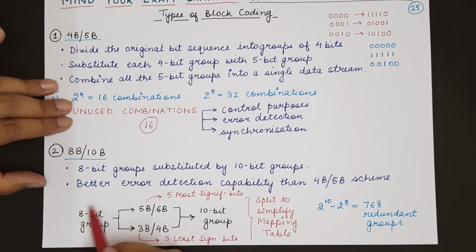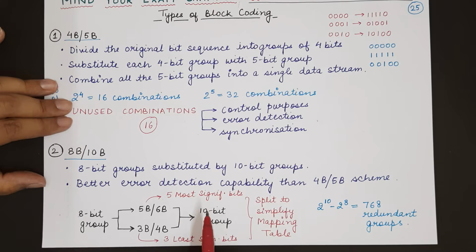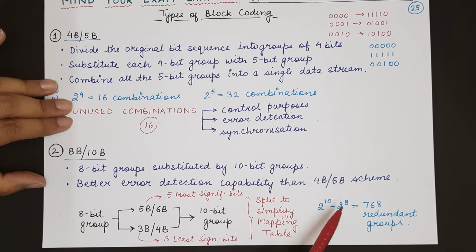So the 8-bit group is not directly substituted with a 10-bit group. Rather, the 8-bit group is divided into 2 parts, a 5-bit group and a 3-bit group. Now the 5-bit group is replaced with a 6-bit group and the 3-bit group is replaced with a 4-bit group.